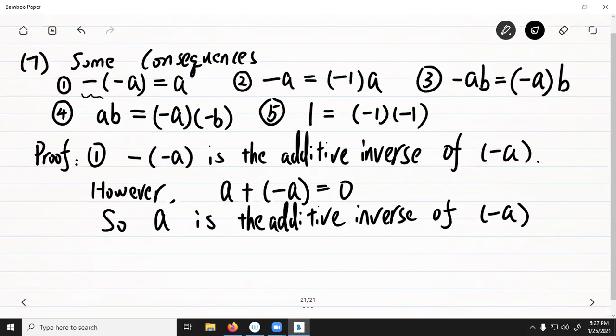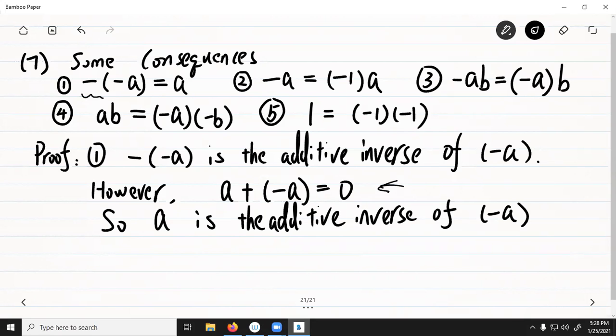This comes just from this equation, this result. So if you have two numbers that add together to equal 0, then these two numbers are the additive inverse of each other, right? You can say negative A is the additive inverse of A. You can also say A is the additive inverse of negative A, okay?